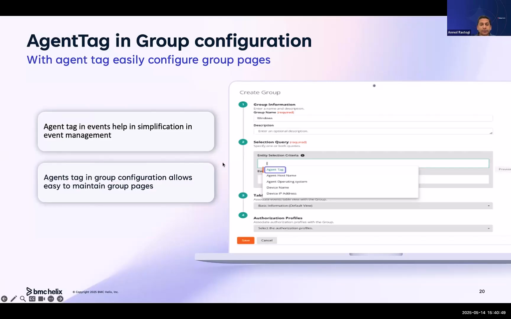So now they can filter based on this agent tag, right? This makes life a little easier for customers who are working on the group configuration page. Not 100% easier, but, I mean, a little easier.